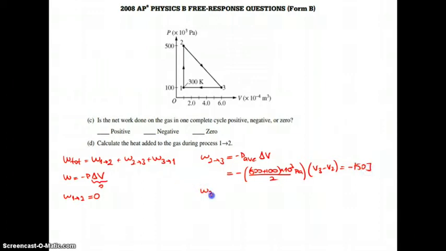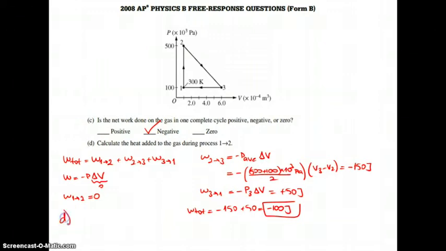And for work 3 to 1, we again use P delta V. Here we use P3 because P1 and P3 are the same. And this is equal to positive 50 joules when we plug in the numbers. So work total is actually negative 150 plus 50, negative 100 joules. So we mark the negative choice here.